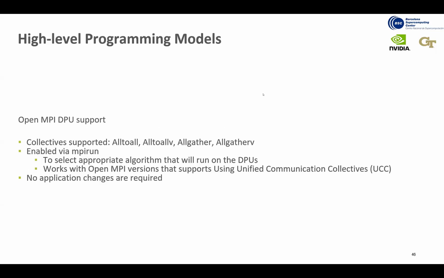So within NVIDIA, we did a bunch of prototypes. I was very much involved in one of them. So that's the slide about what we did. I was not the only one. We support the collectives that I mentioned on the slide: all-to-all, all-to-all-V, allgather, and gather-V. So why these four collectives? Because, one, we discovered based on our experience that this is where you have the most opportunity for performance improvement.